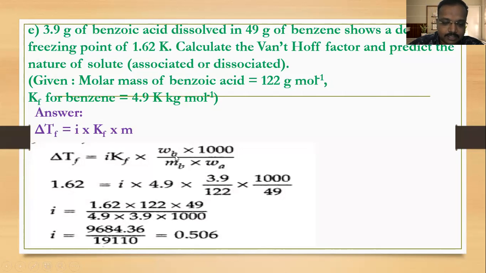B is used instead of 2 and A instead of 1. So WB means W2 into 1000 divided by M2 into WA. There is no problem, it will be the same. By applying in the formula, we have got the i value.